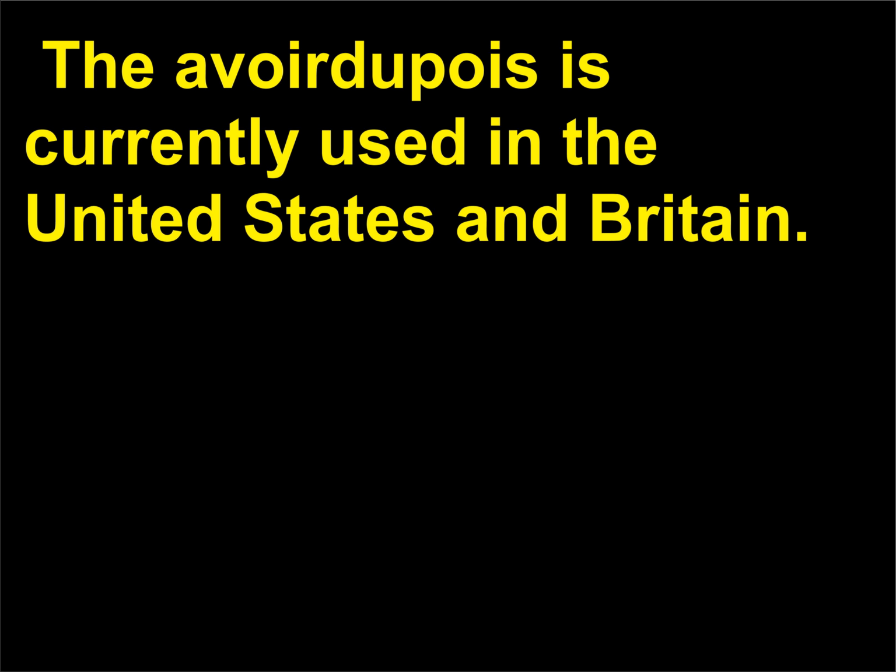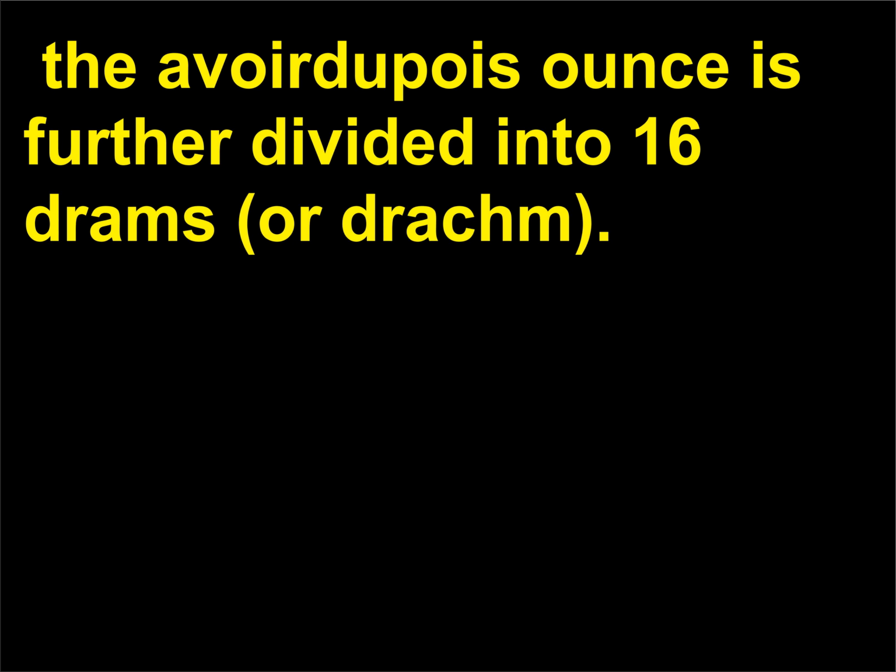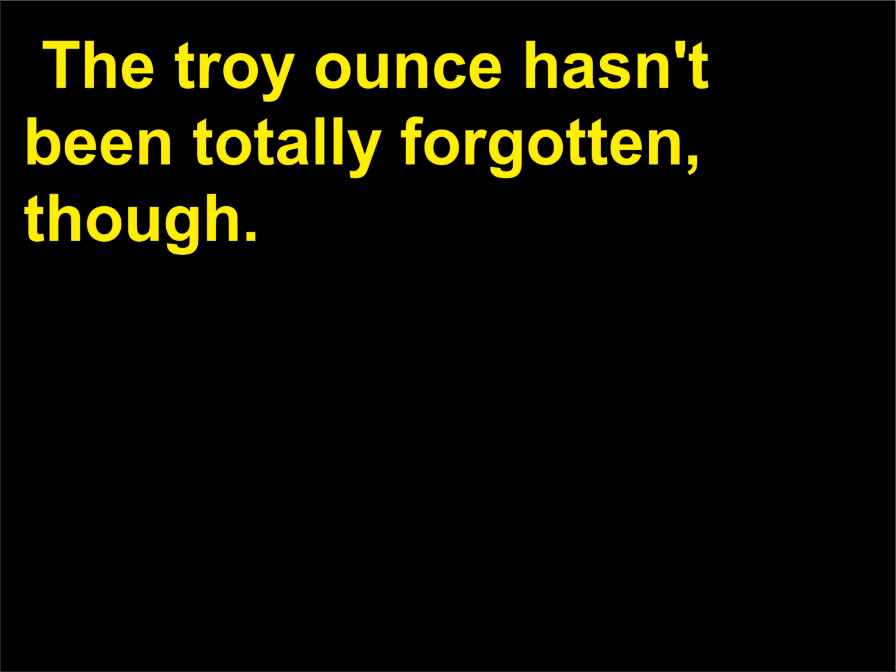The avoirdupois ounce is currently used in the United States and Britain. It is equal to 1/16 of a pound, or 28.3495 grams in metric. The avoirdupois ounce is further divided into 16 drams. The troy ounce hasn't been totally forgotten, though.